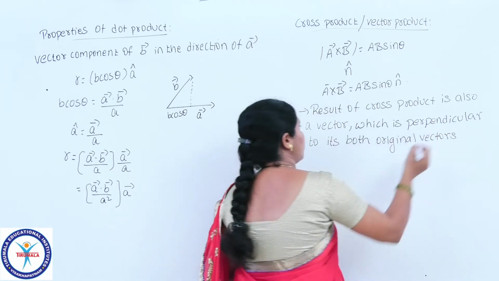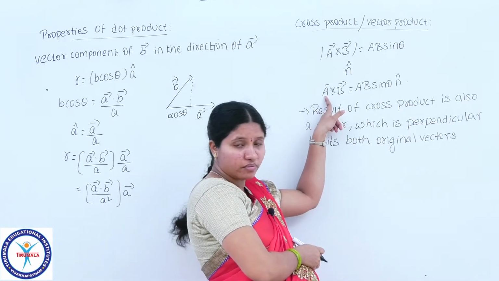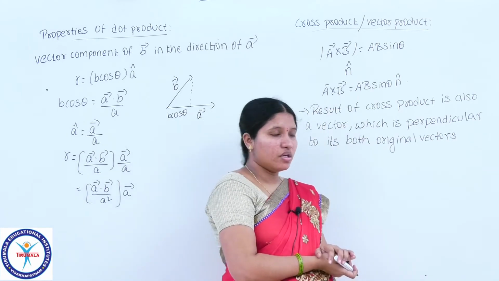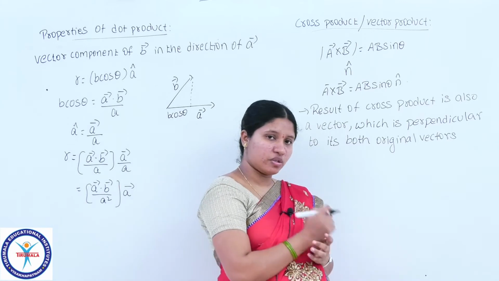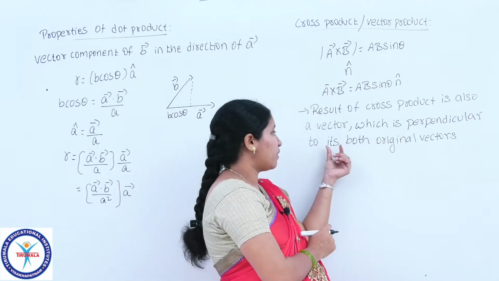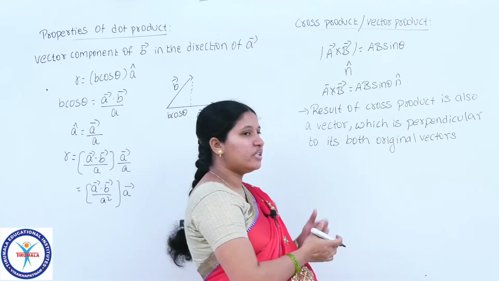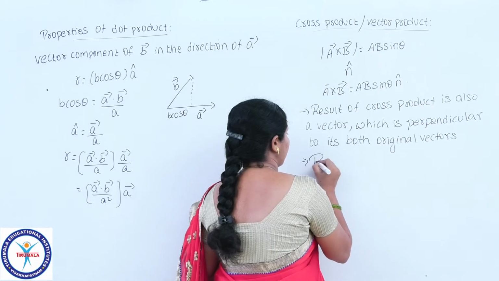Means the unit vector n cap is perpendicular to a bar vector and it is also perpendicular to b bar vector. So we can say that the result of cross product is also a vector, which is perpendicular to its original vectors. So we can find out the direction of cross product by using right hand rule.